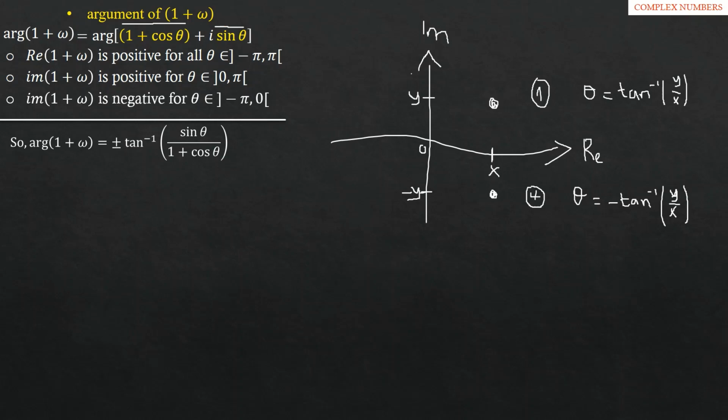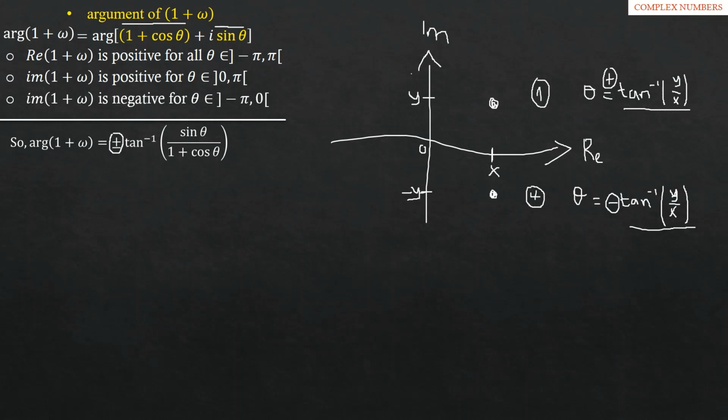Here this tan inverse of y on x is positive and here it is negative, so combining the two, that's why we get the plus or minus in front here. So we have plus or minus that. So that's how I did to get a plus or minus.